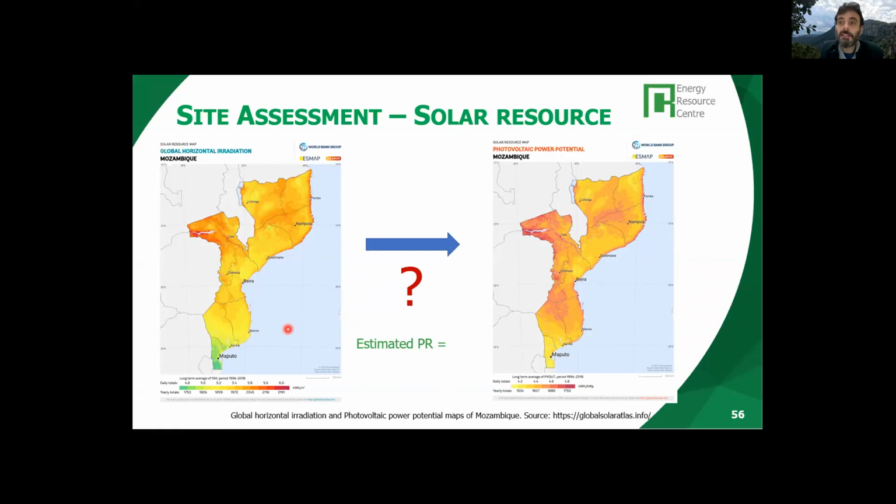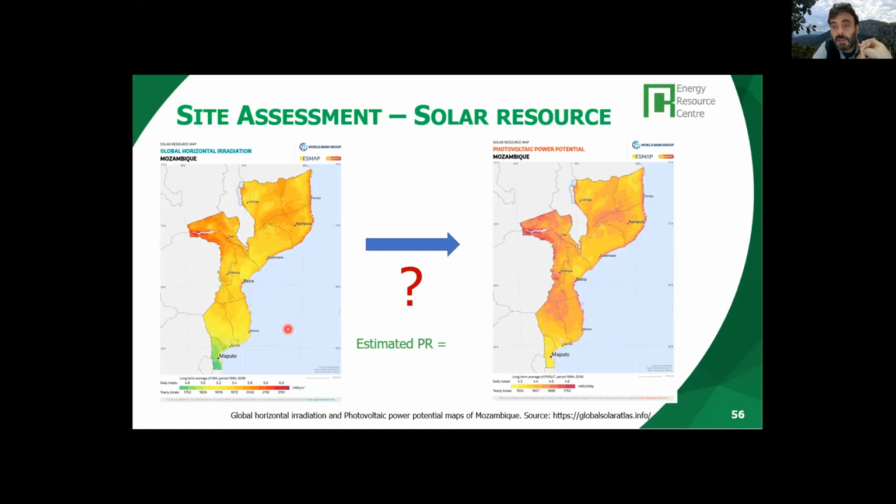Okay, it depends on the time and the level of accuracy you need, Kemal. If you want a relatively agile, quick estimation, you will be using these maps to know more or less what kind of expected generation you will have at a site, okay?